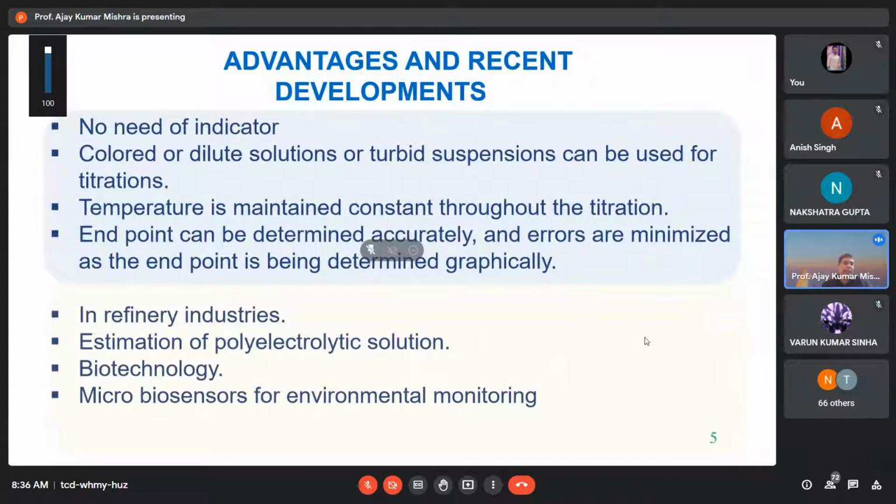Then obviously the temperature, and the pressure also, play a very important role. So you are trying to maintain the temperature throughout your titration, and the end point is determined accurately. Remember, in other experiments you were told it should not touch the wall, and you cannot rinse it or something like that.